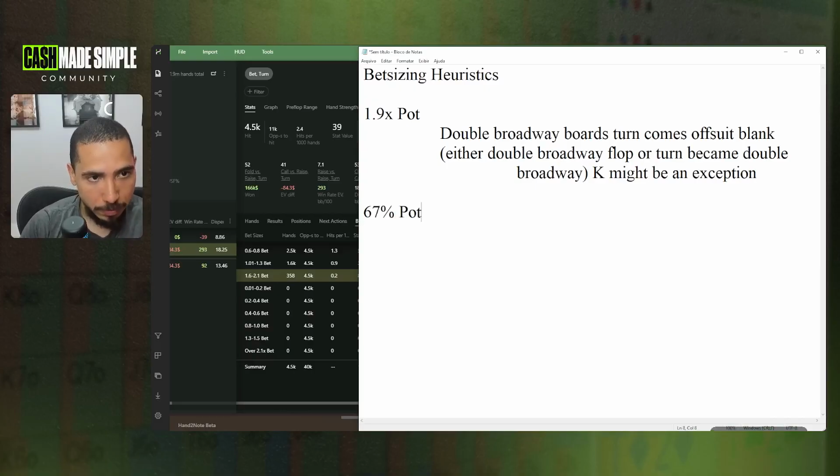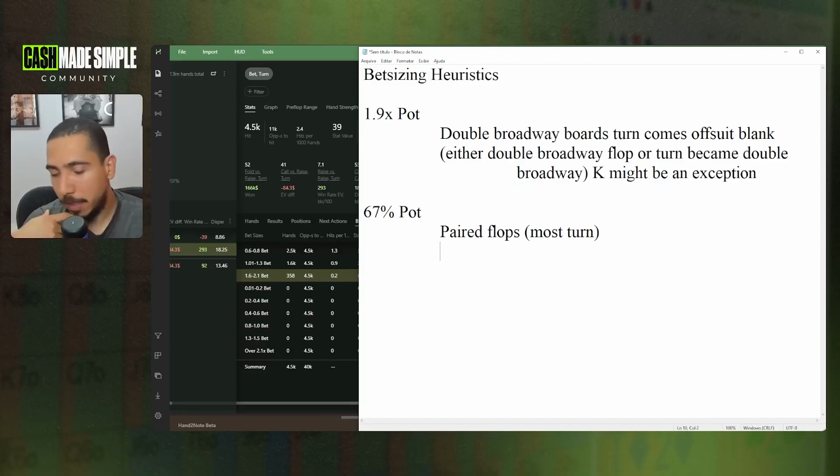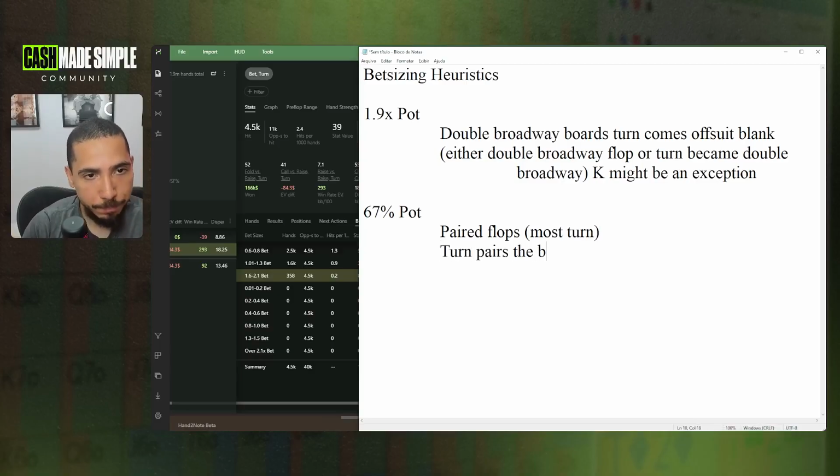67% pot runouts are a lot of runouts, right? So paired boards, so paired flops, let's say most turns. If the flop is paired, you're going to bet 2/3 on the turn. If the turn pairs the board, you're going to use it. Third to flush runouts.